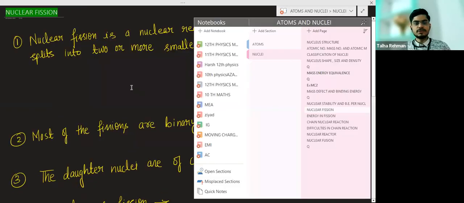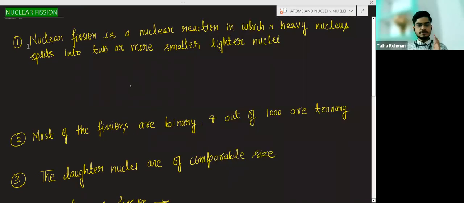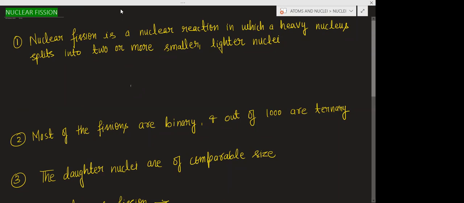First point, nuclear fission is a nuclear reaction in which a heavy nucleus, for example the nucleus of uranium-235, splits into 2 or more lighter nuclei.